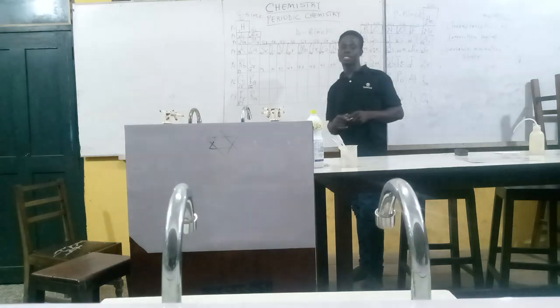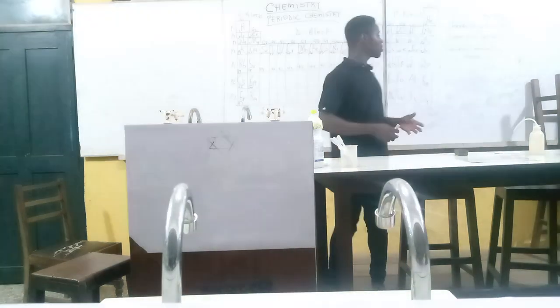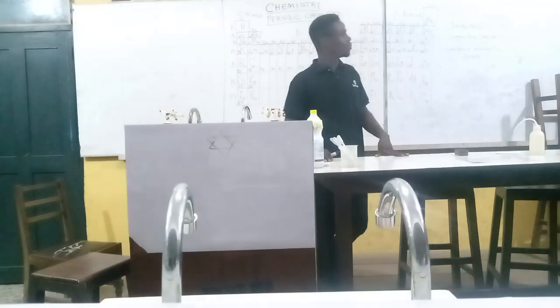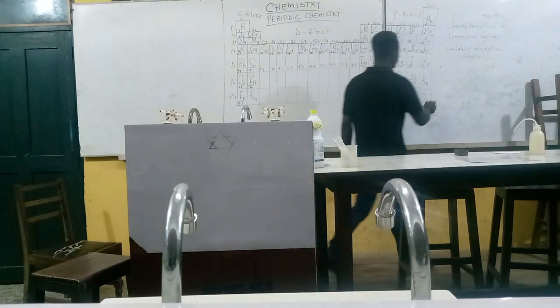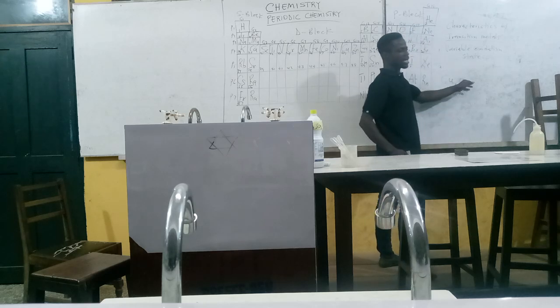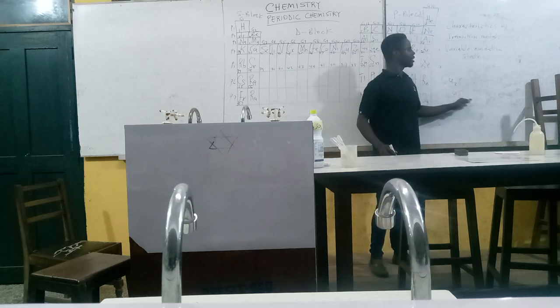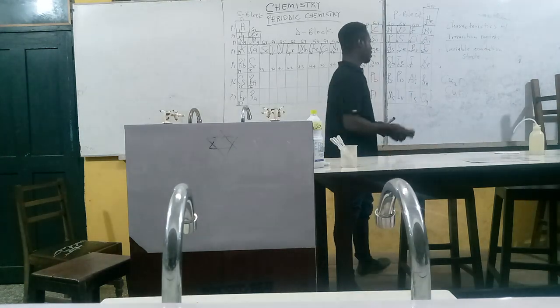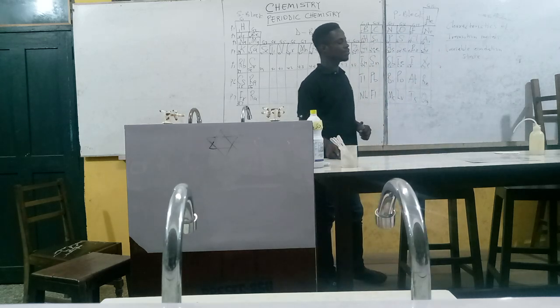When you want to check, for instance, copper, we have copper 1 and copper 2. So we can form a compound out of that. Let's say you have this: this is copper 1 oxide and this is copper 2 oxide. So you can see copper has variable oxidation state. So it's one of the properties of D block elements.